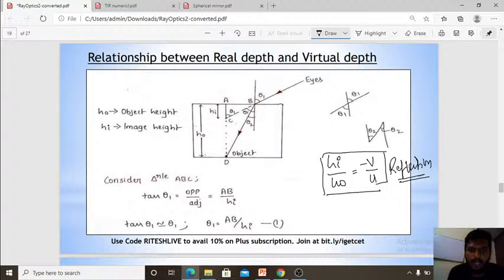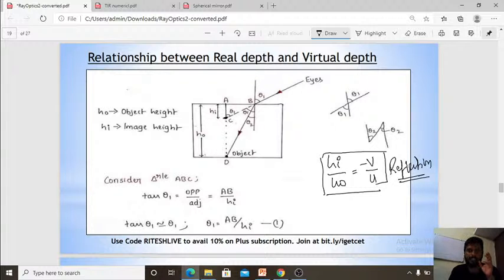So we go for what is the relationship between real depth and virtual depth. What do you mean by real depth? Real depth is nothing but the actual depth where the coin is placed. That is nothing but the object. And virtual depth is nothing but where that coin, that object, will look like from the outside world, that is from the air medium. When I see with the naked eye, the coin will look like at a very nearer distance, right?